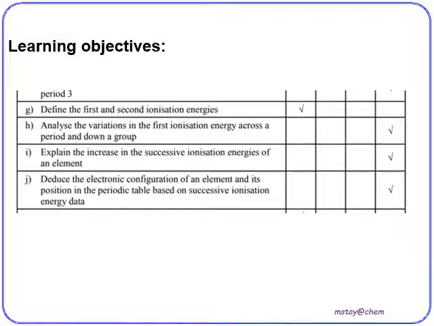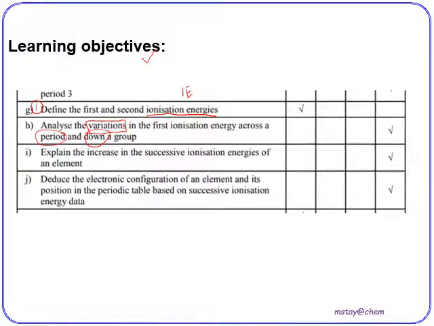Okay, now let's look at the learning objectives in this video. First, we need to know the definition for the first ionization energy and also the second ionization energy, where we will always use IE to represent ionization energy. Then as usual, we are going to analyze the variation of the ionization energy across the period and also down the group.